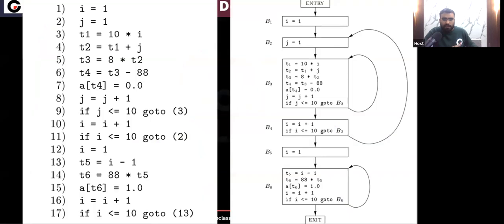Actually, for which purpose do we create a CFG? We create the CFG, this control flow graph intermediate representation, for optimization purpose.